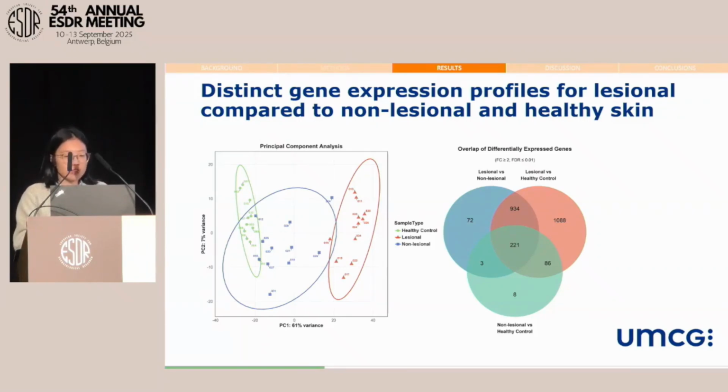Lesional versus healthy control shows over 2,000 differentially expressed genes, and lesional versus non-lesional reveals over 1,000 differentially expressed genes. In contrast, non-lesional versus healthy control reveals far fewer differentially expressed genes. So in general, lesional skin shows a distinct gene expression profile compared with non-lesional and healthy skin.